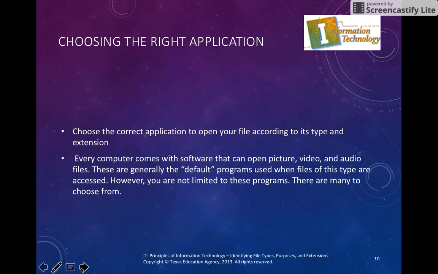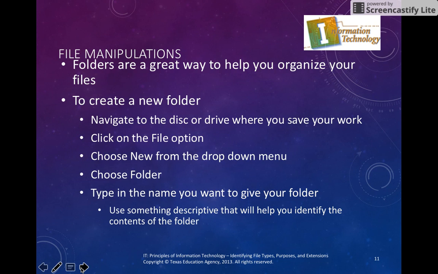You are not limited to those programs, though. There are many different ones to choose from. An example of this is if you have a .doc, then you'd want to use Microsoft Word, since it is document or word processing software. It is a document, so you need a document application to open it.